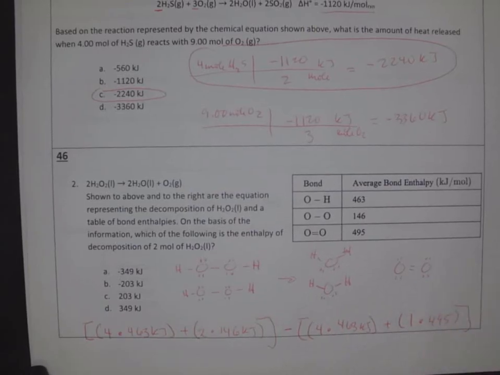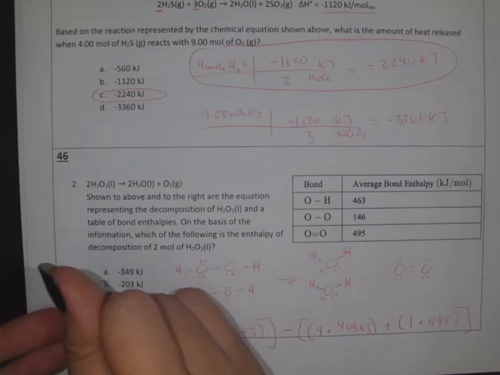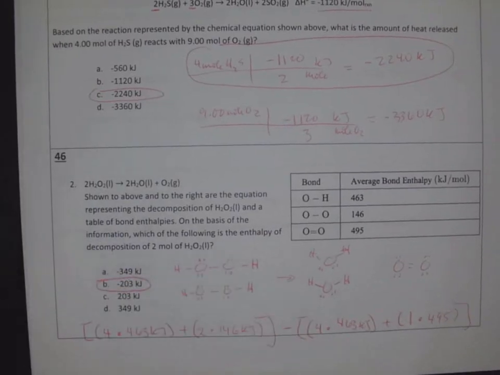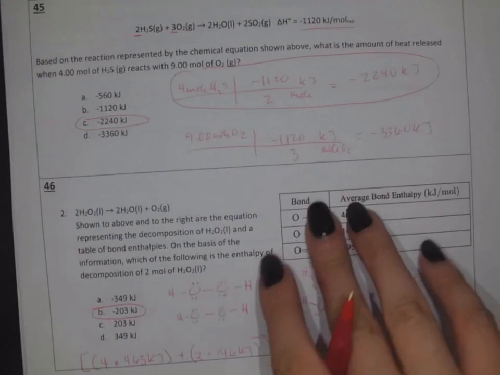Okay, so 2 times 146 minus 495, negative 203 kilojoules. When I plug all that in, that's how much energy is released during this reaction. It's exothermic.